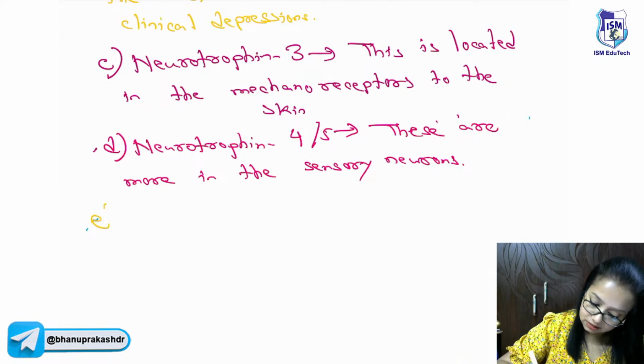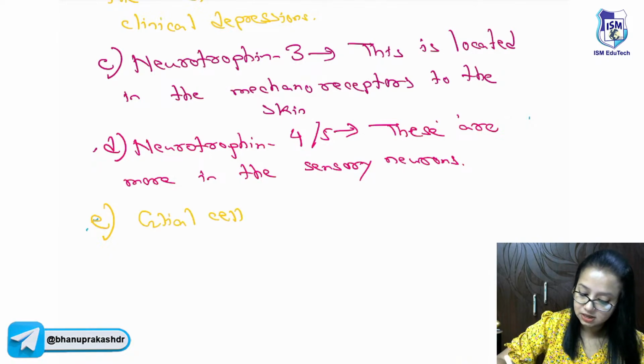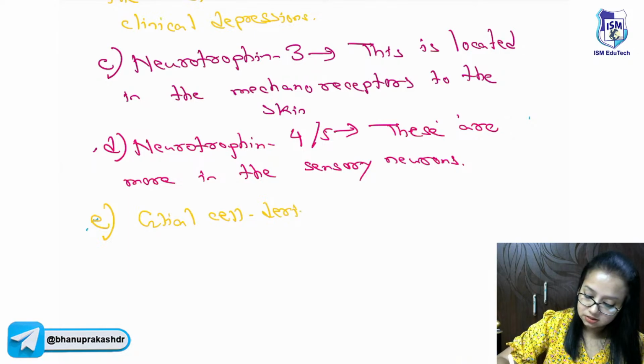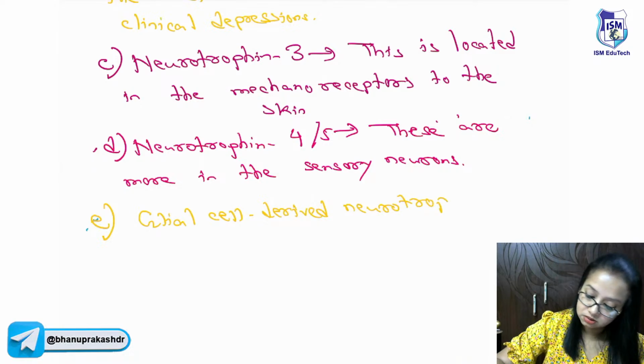And next we have the glial cell derived neurotrophins.